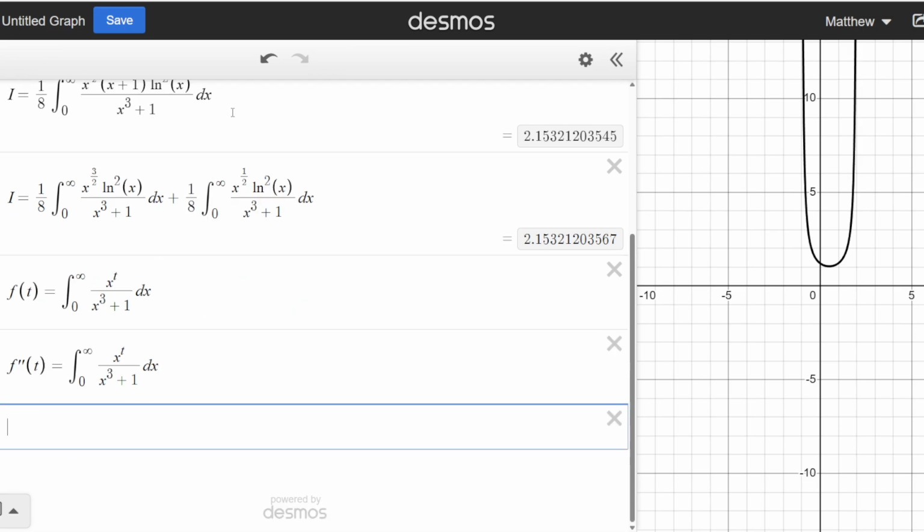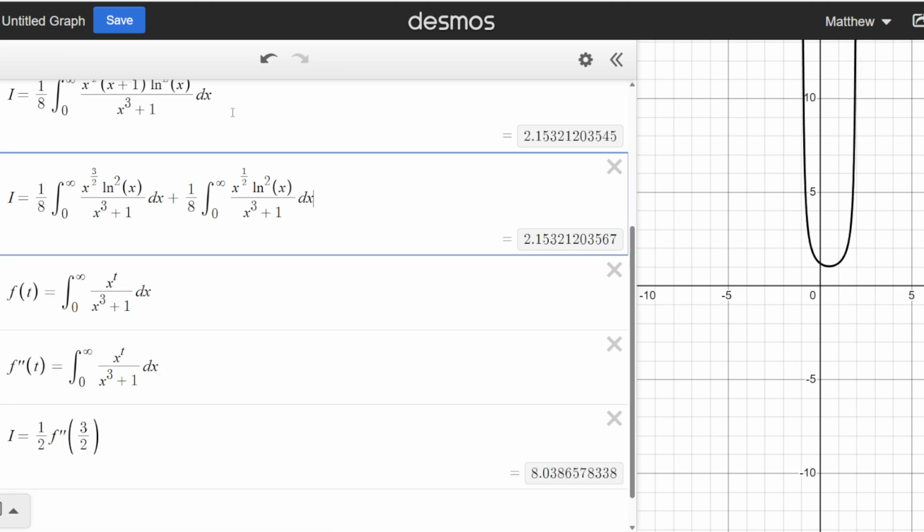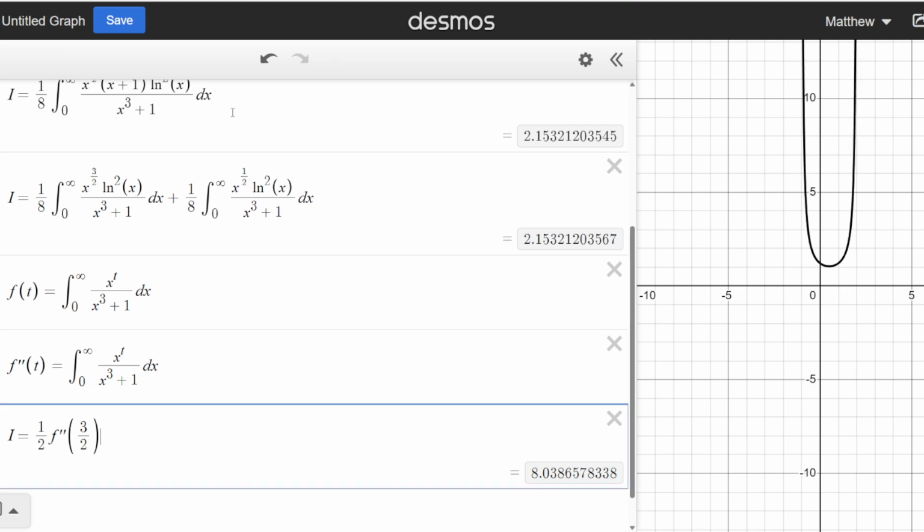All right, that means our original integral I is going to be equal to, oh, not 1/2, this is 1/8.